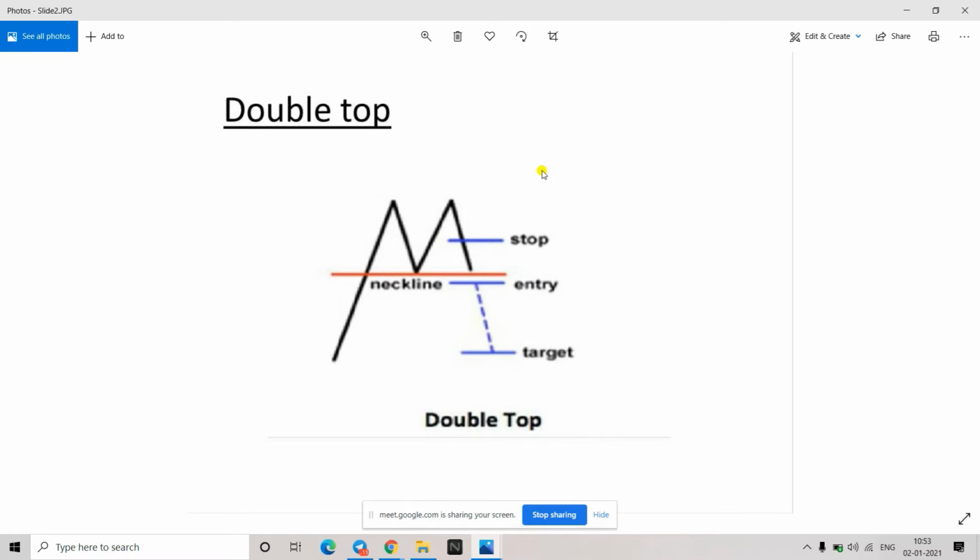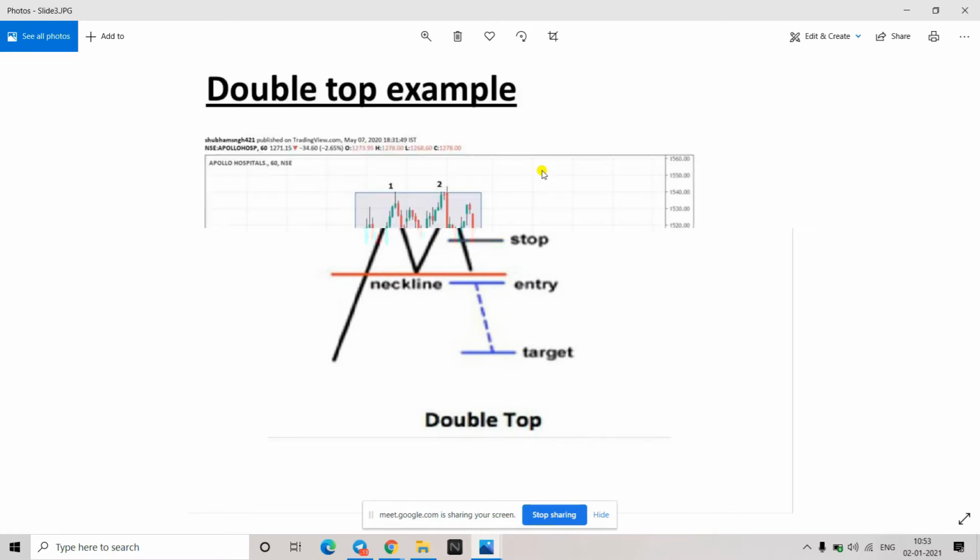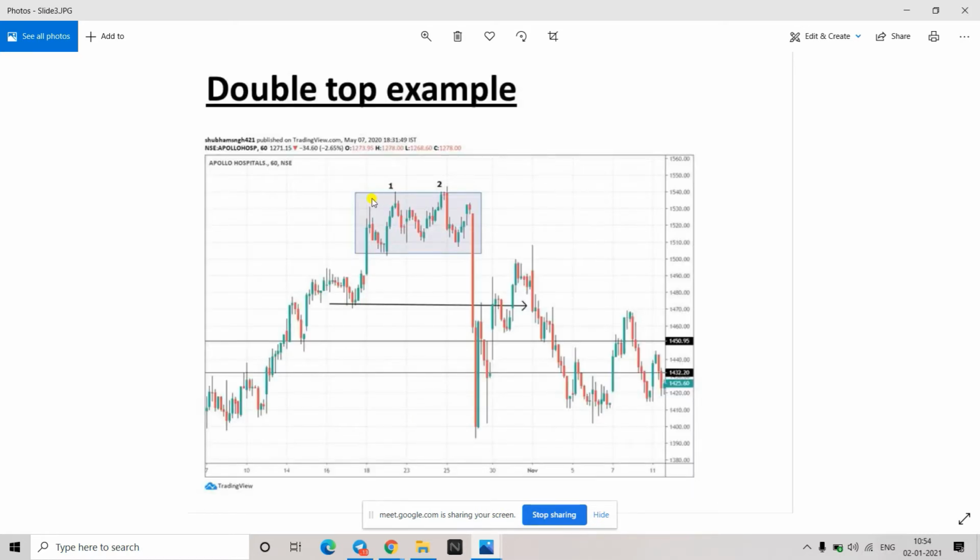So that is how it works. I'll just show you. This is an example of double top. Price was going up. After reaching this point, it gave a correction, and this is the neckline over here. Then again the price went to the same place and got rejected.